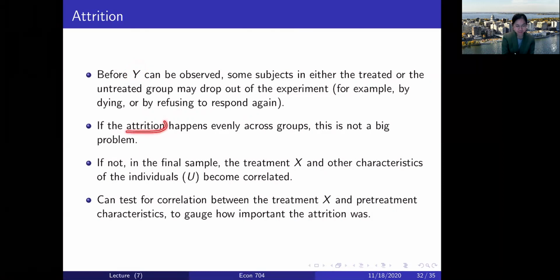If attrition happens evenly across groups, if there is no reason to believe that attrition differs across the treated and untreated group, then that is not a big problem, because within the sample that is still available to you, the treated group and the untreated group are still similar, meaning that the treatment is still uncorrelated with their pre-treatment variables. So that would not be a big problem.